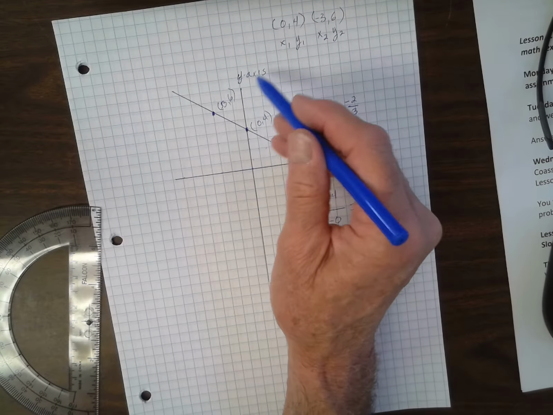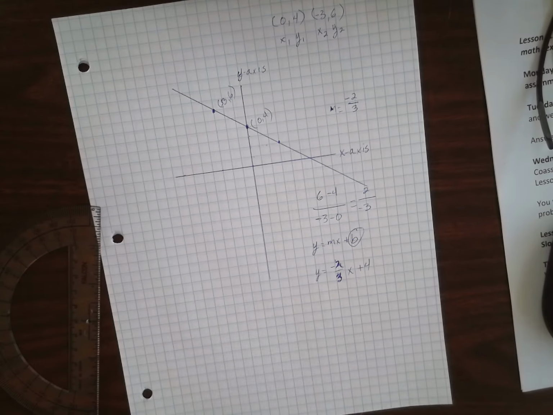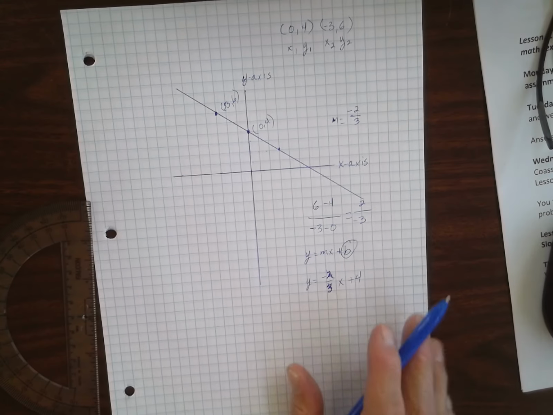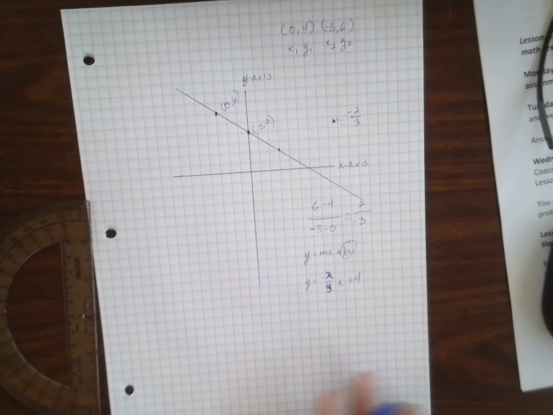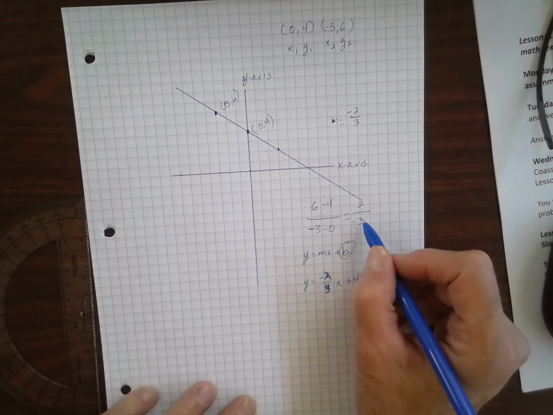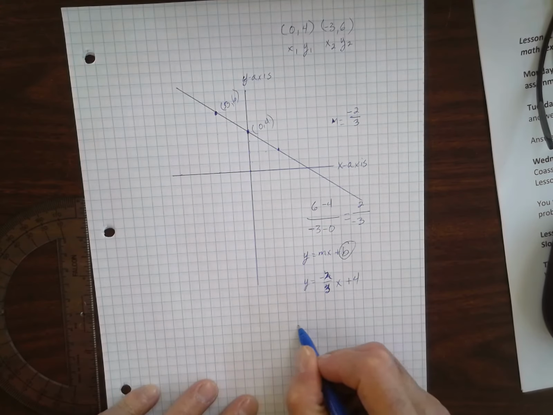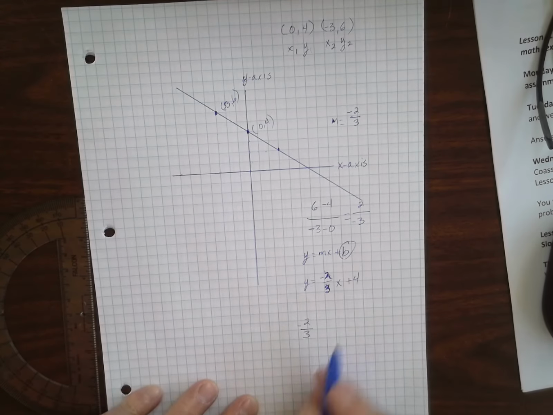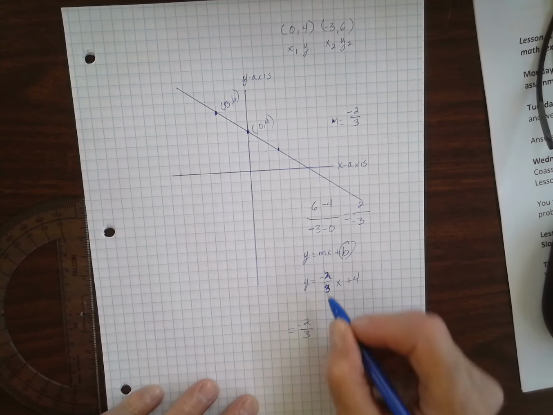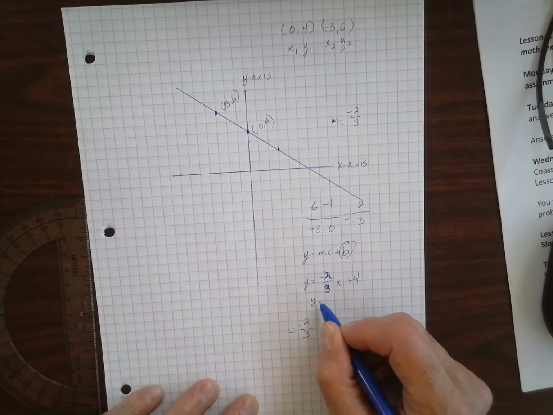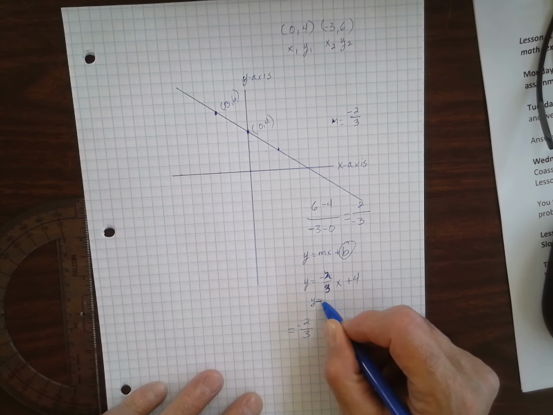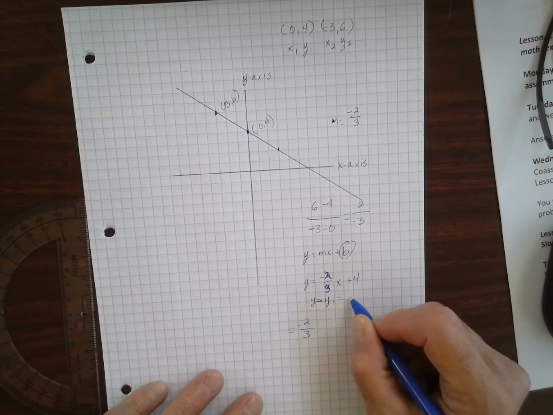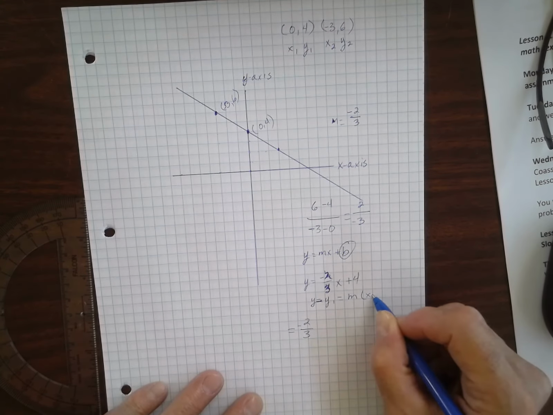Now, let's say I didn't see it graphed on this graph. Let's say all that I had were these numbers here. I already figured out that the slope is negative 2 over 3. Now, I said that the point slope formula is y minus y sub 1 equals m times x minus x sub 1.